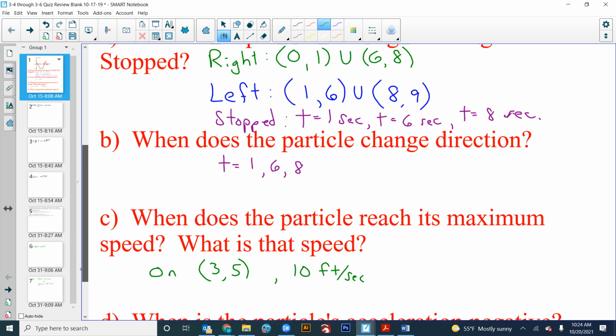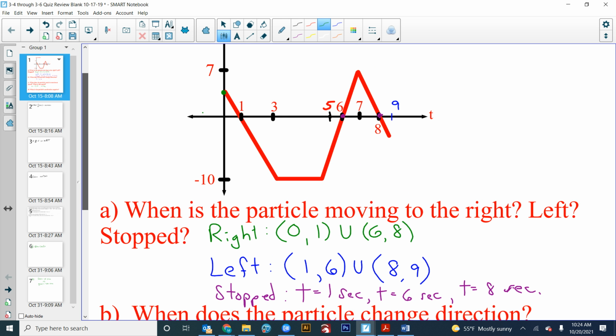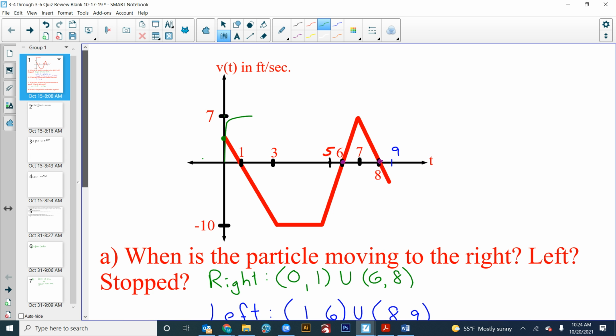When is the particle's acceleration negative? Lizzie, do you think you are confident with that one? Is it 0 to 3 and then 7 to 8 or 9? Very good, yeah. On the interval from 0 to 3, negative slopes all the way through.